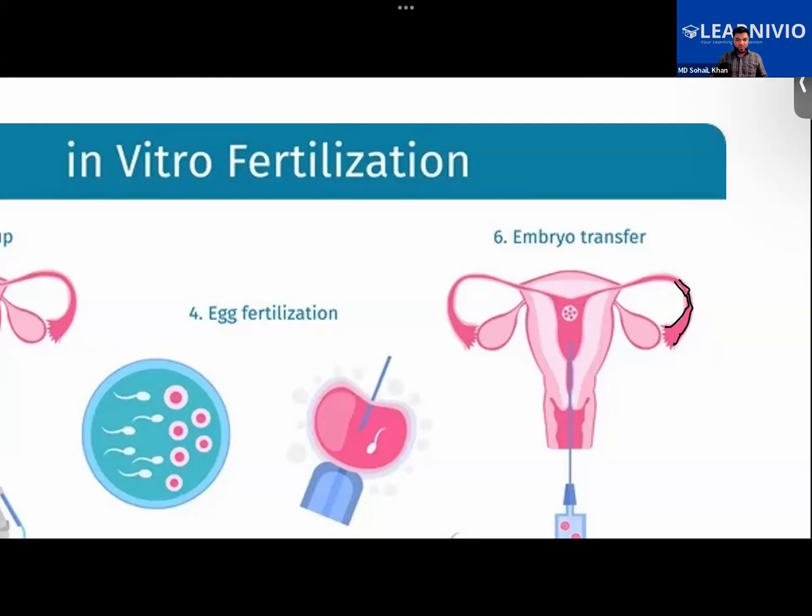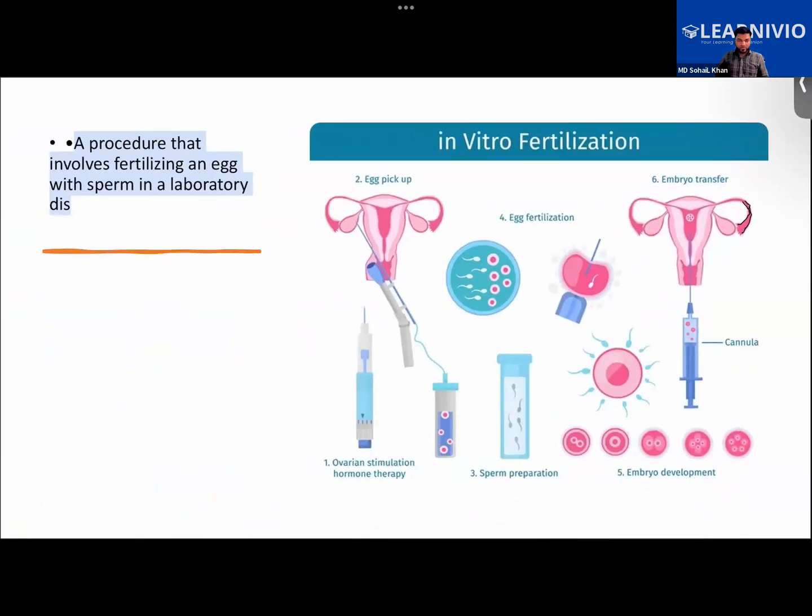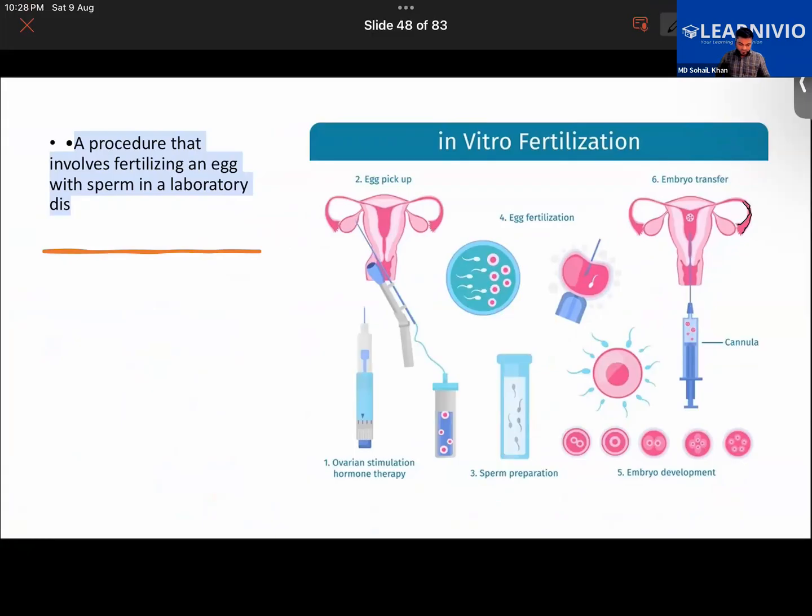And if fertilization cannot occur, obviously the woman cannot bear the baby. So in that case, we have the process called in vitro fertilization, where the mature egg cells are fertilized with the sperm in a sterile environment, in a laboratory. Getting it now?